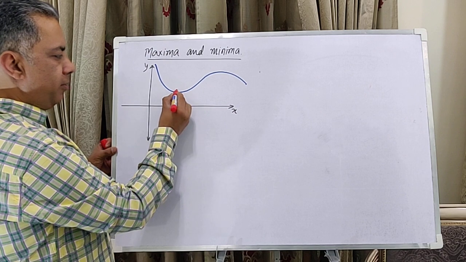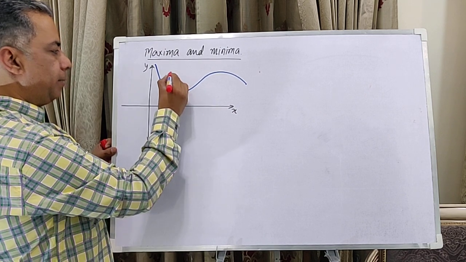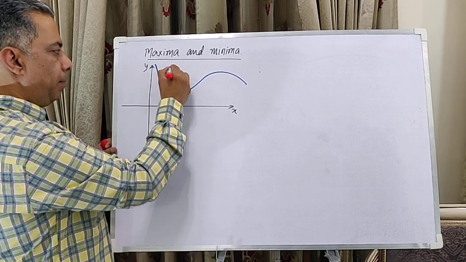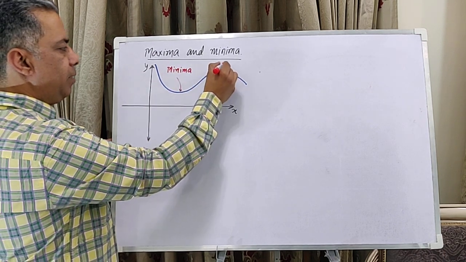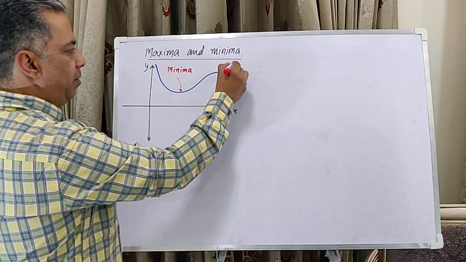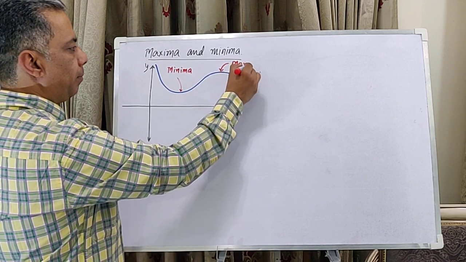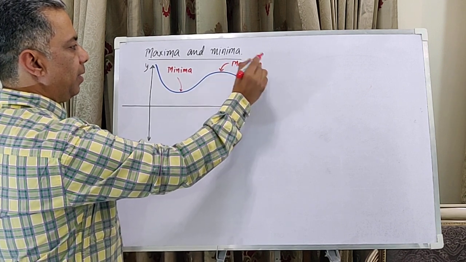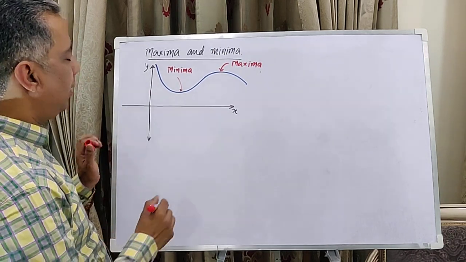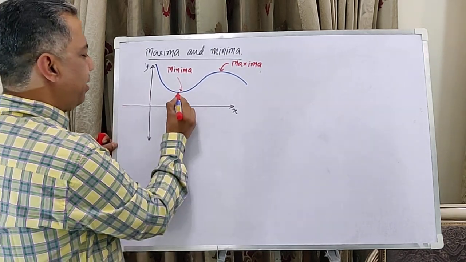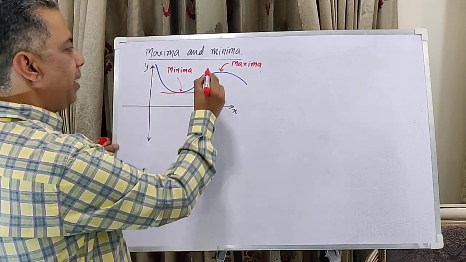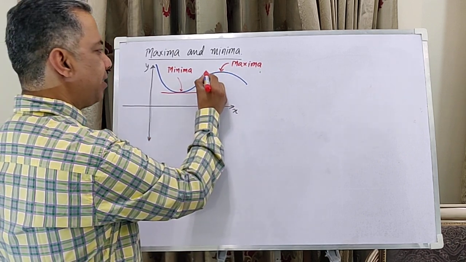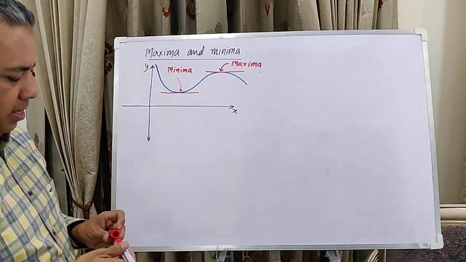So this point would be called minima, and this point here would be called a maxima. At the minima, if I draw a tangent, I get this. At the maxima, if I draw a tangent, I get this.